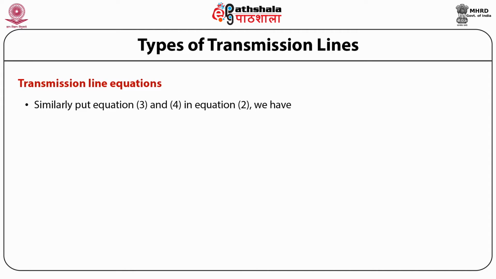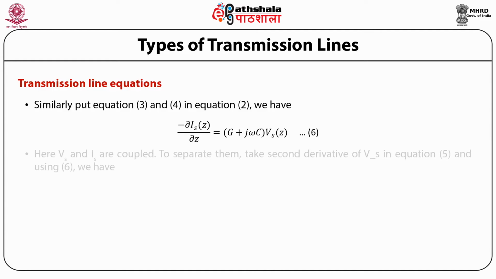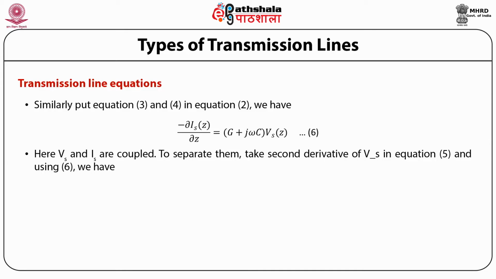Similarly, putting equations 3 and 4 in equation 2, we get minus ∂Is/∂z equal to (g plus jωc) Vs. Here Is and Vs are coupled.